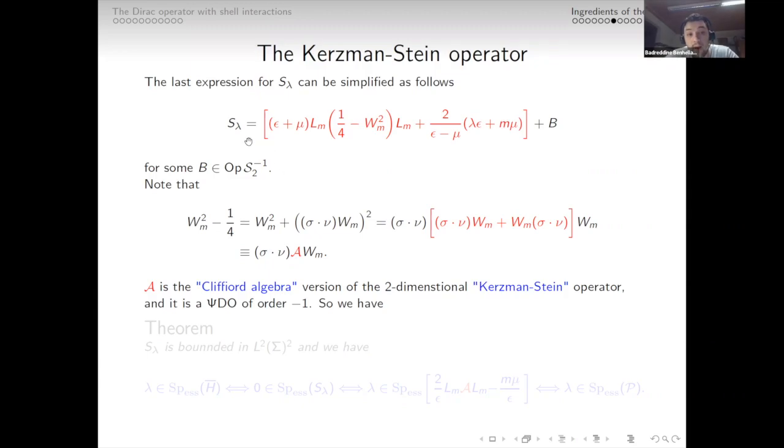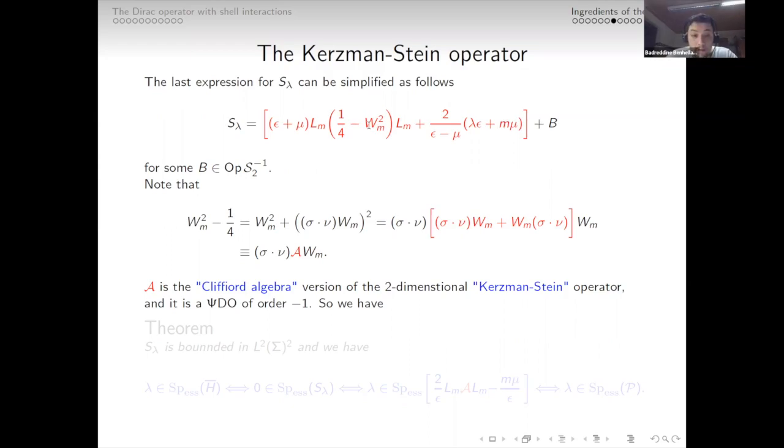So in fact our operator S lambda is bounded in L2. Here Lm will give a contribution of a pseudo-differential operator of order 1, and this one is of order -1. So the powers will cancel, and in the end we get a bounded operator.